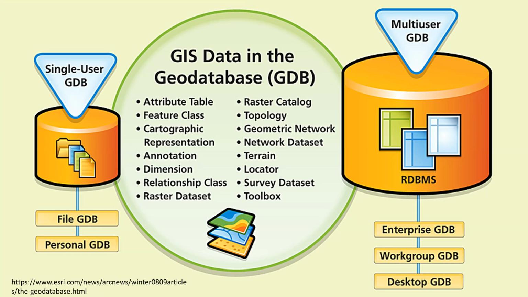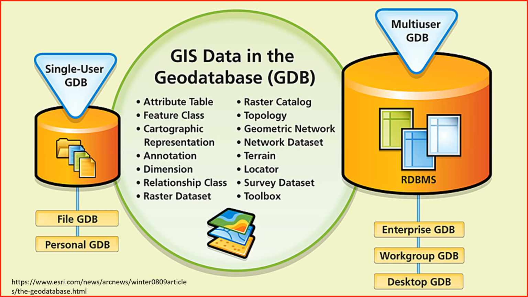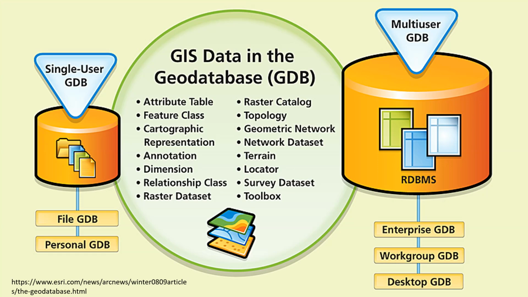And now come to the data system. In GIS data, not all kinds of data are supported. There are two kinds of database. One is a single user database, which means when you work at an individual level, we use the single user geodatabase system, where we use the attribute table, feature class, cartographic representation, annotation, dimension, and different things like relationship class, and raster database, which we store in our computer or our personal database folder.